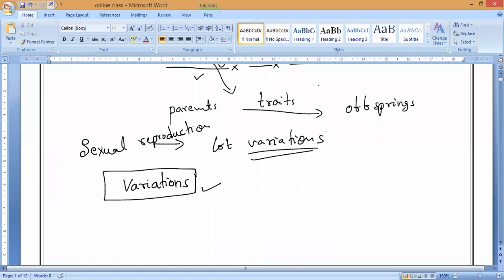Some have medium height, some short. Some are fatty, some thin, some have white skin, some black skin, some have curled hair, some silky hair.